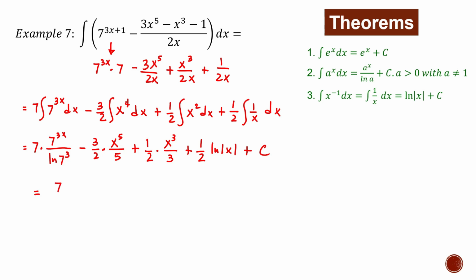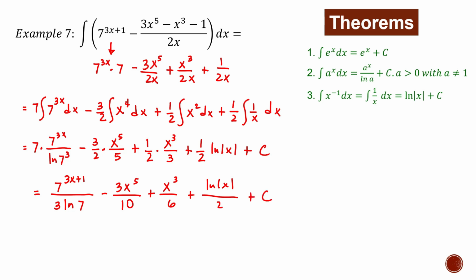So 7 times 7 raised to 3x is 7 raised to 3x plus 1 over, so using the property of natural logarithm, this will be equal to 3 ln 7, okay, minus 3x raised to 5 over 10 plus x raised to 3 over 6 plus ln of absolute value of x over 2 plus c. And that is our final answer.